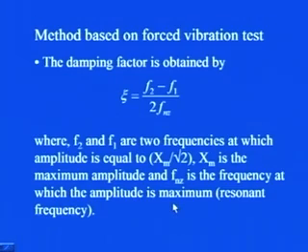Once we know the amplitude versus frequency curve, we can find fnz, the frequency corresponding to the maximum amplitude.